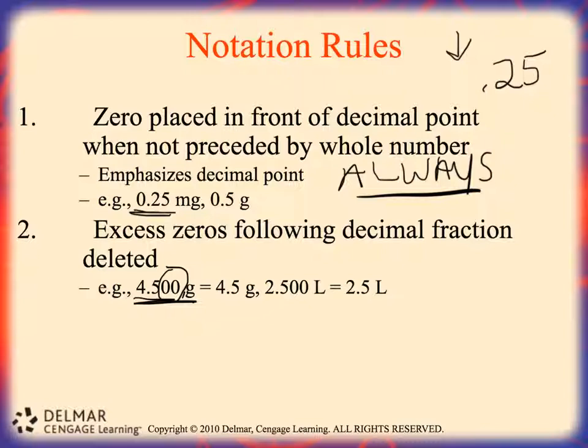So they are dropped because 4.500 is the same as 4.5. And that can cause errors in reading the order as well. So those are really important. I will count off if you don't have a 0 in front of a decimal that doesn't have a whole number, and I will count off if you have trailing zeros.